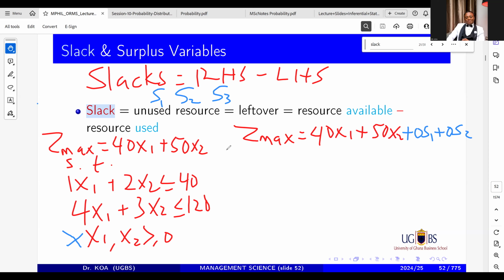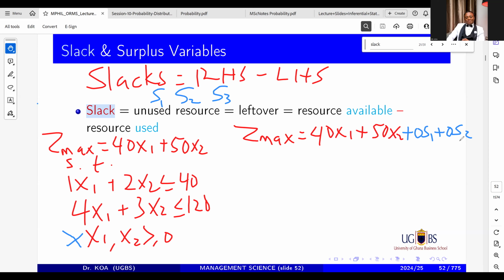So you worked only for 4 hours a day. That means that you have wasted the other 4 hours. That 4 hours you wasted, it will not contribute anything to the profitability of the company. It's wasted, so it's gone. So the slacks contribute nothing to the objective function. That is why you can see that in the objective function I have here, the slacks are 0.